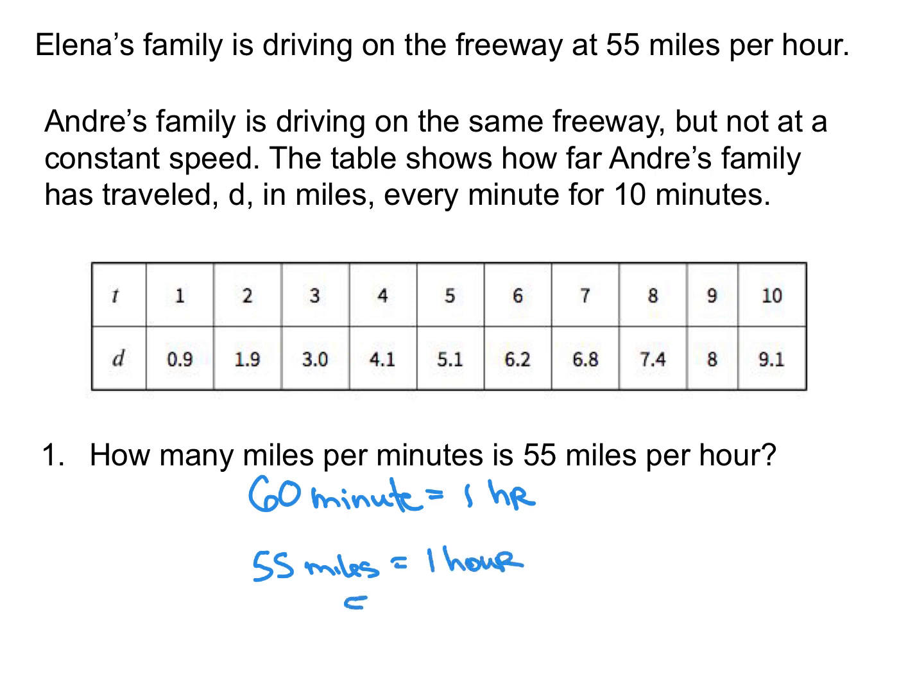So that means I need to take 55 and divide it by 60. So if we do 55 divided by 60, we get 0.916 repeated. So I'm going to say about 0.92 miles per minute.